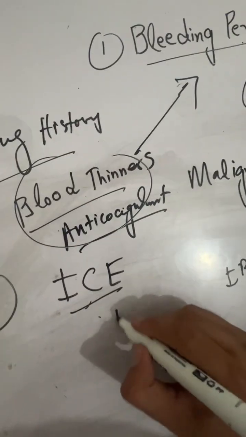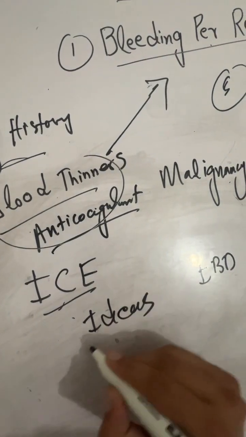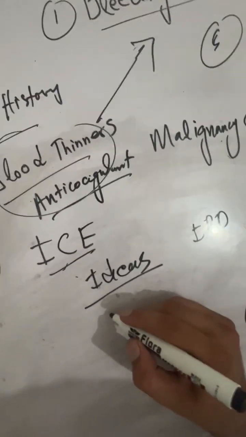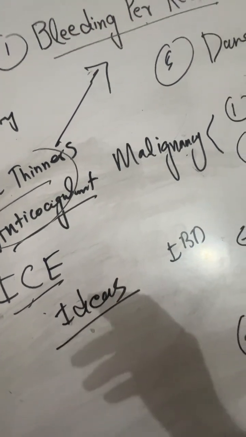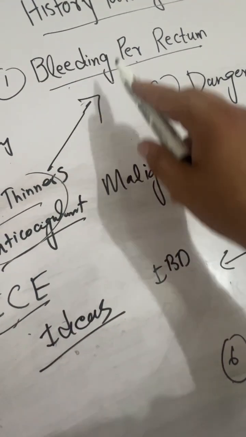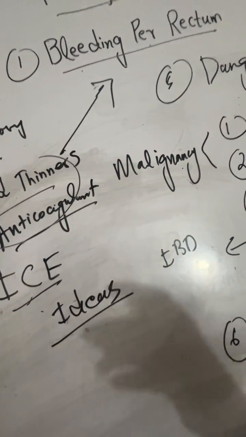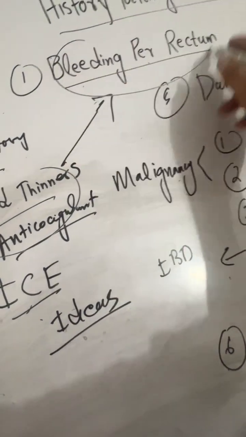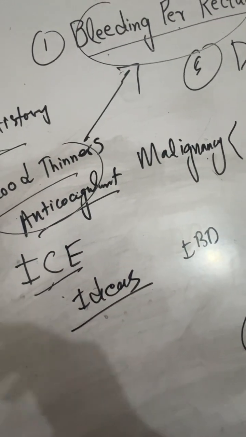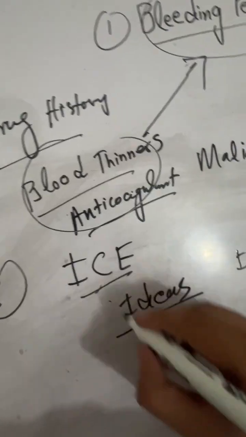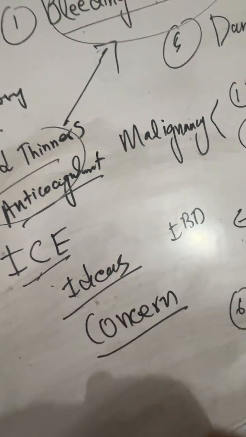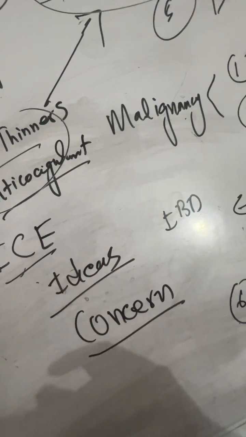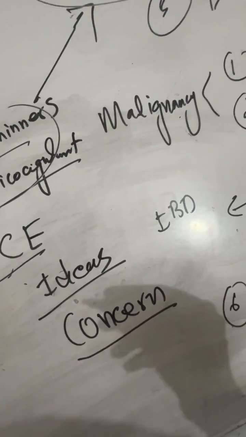Then the other thing which is very important is the ICE component. I is the ideas of the patient, what he thinks is causing this symptom. If the patient has bleeding per rectum, we will ask what you think might be causing this problem. Then C is for concern, what is the thing that made them worry the most.